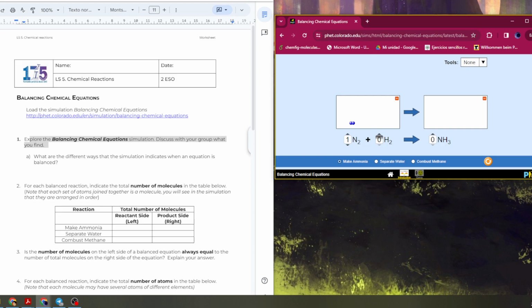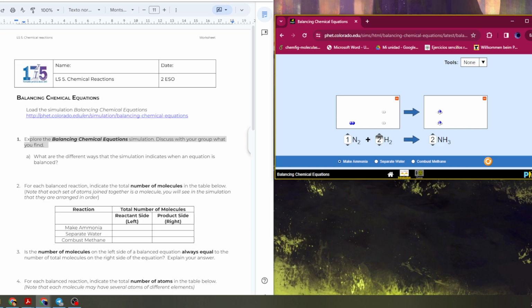And one molecule of hydrogen is composed of two hydrogens, two little white balls. And if we create one molecule of ammonia, we see one nitrogen and three little hydrogen balls. So this is not correctly balanced.